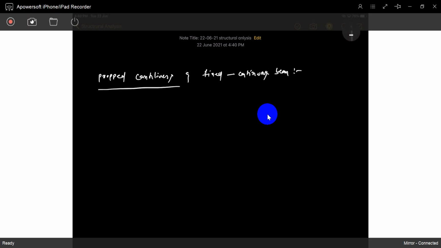So this is the second unit, fixed and continuous beams.